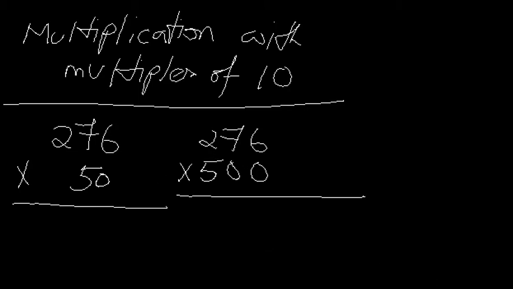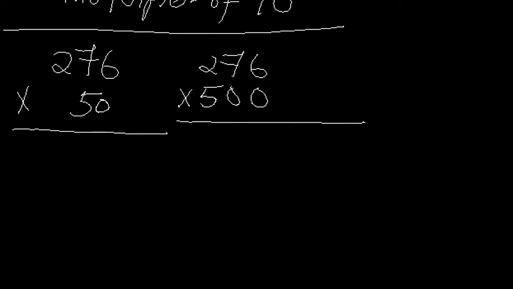Let us do. For this one, since we have 0 in the end, we don't need to multiply 0 with 276. We can just directly multiply 276 with 5. So let me put this 0 at first and then multiply 276 with 5. So 5 6s are 30.